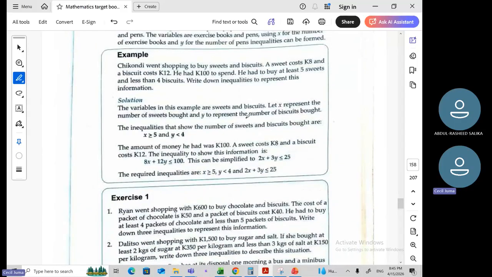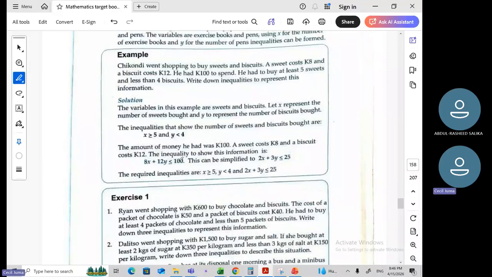This was the example. x greater than or equal to 5, y less than 4, 2x plus 3y less than or equal to 25. So you can simplify it. This one can be simplified. You can say if you let 4 into 8, it will be 2. 4 into 12, it will be 3.